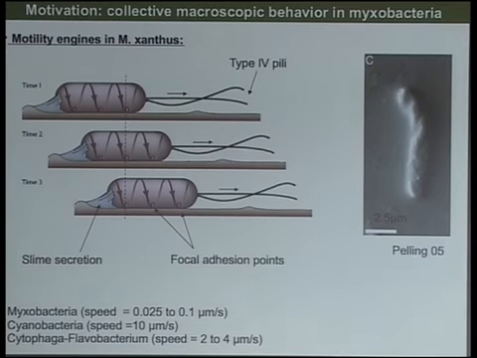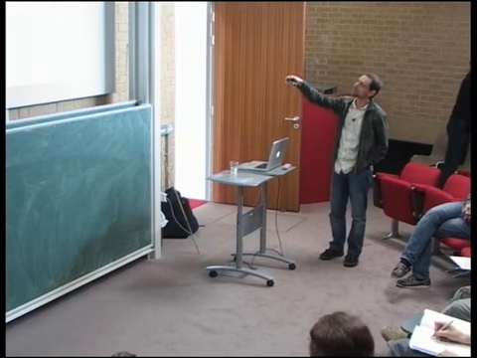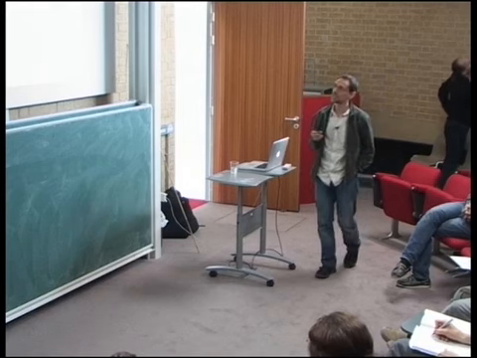The A stands for adventurous motility engine, which works with focal adhesion points. The cell anchors this focal adhesion point to the substrate, and there is a machinery inside the cell that makes the cell rotate around these focal adhesion points that are assembled as the cell moves forward. And that is why, for example, the cell has this kind of twisted bread shape.